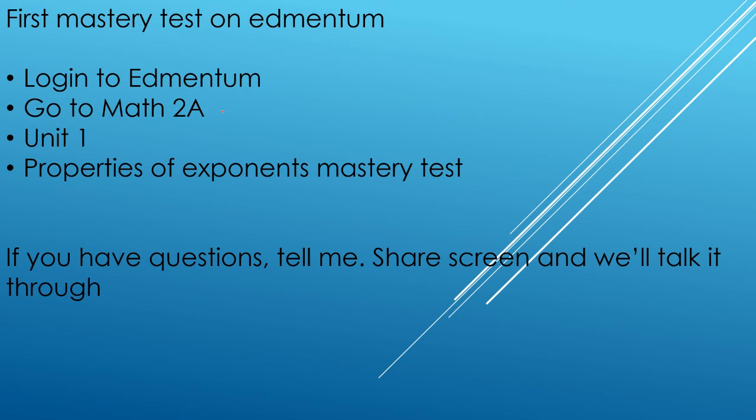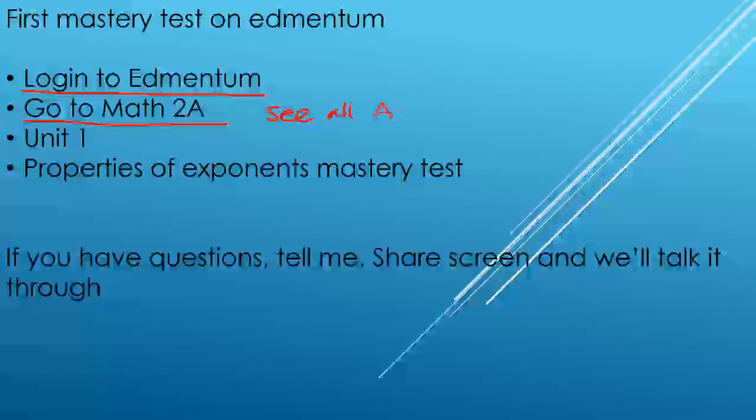All right, now for your homework. Log into Admentum. Okay, you've been added to Math 2, so you'll see it there in your list of classes when you first get logged in. So obviously open Math 2, go to see all activities. Okay, and then go to Unit 1, expand Unit 1.